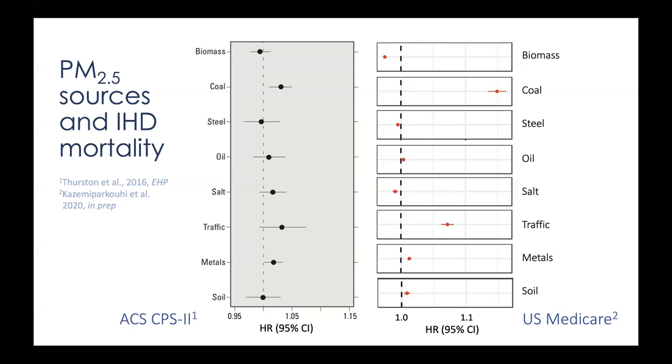And this allows us to detect associations between these smaller sources of PM2.5 as compared to studies based on smaller sample sizes, such as the ACS. Nevertheless, the findings from both studies, both the US Medicare study as well as the ACS study, largely reflect the associations of the specific components that inform the specific sources, such that traffic reflects the average of the specific components that inform the factor for traffic.